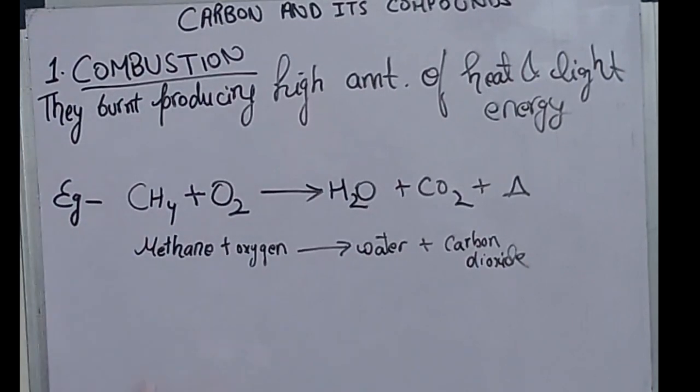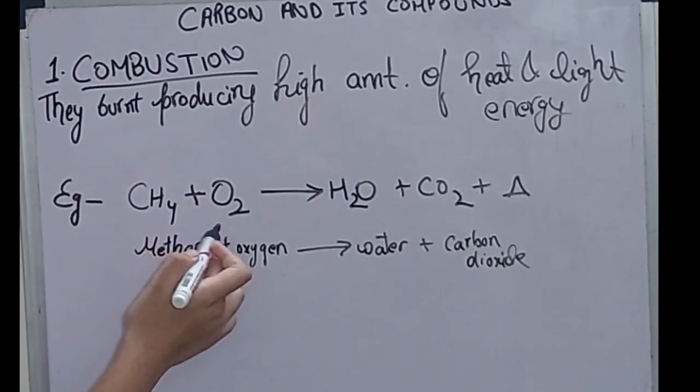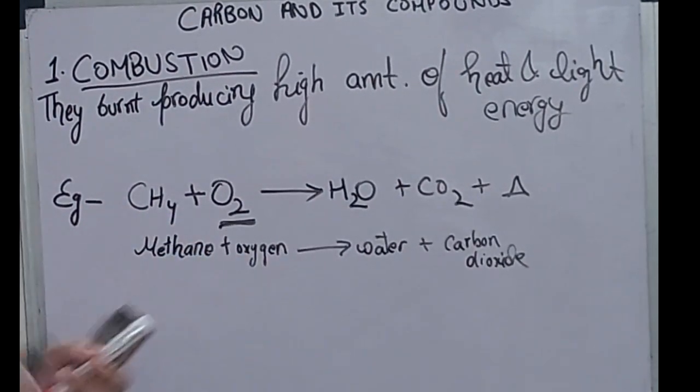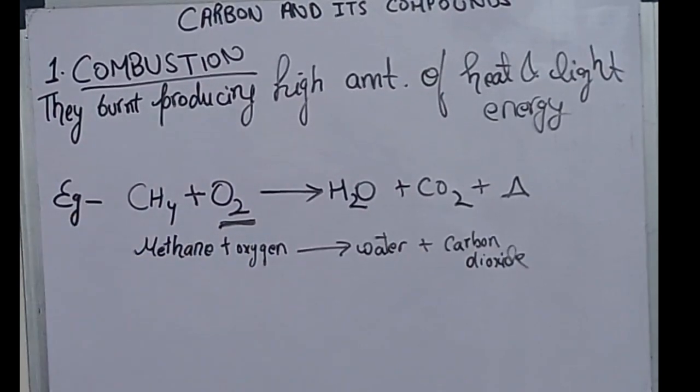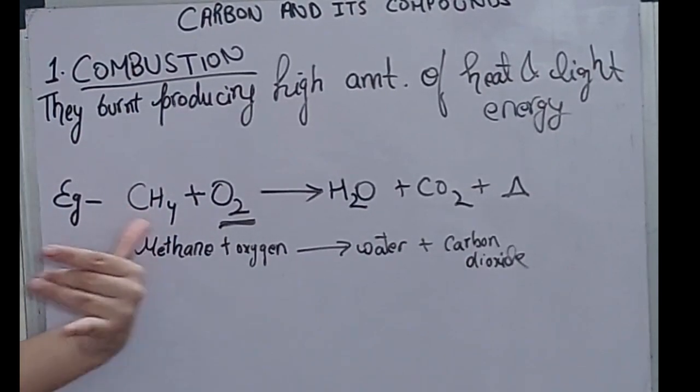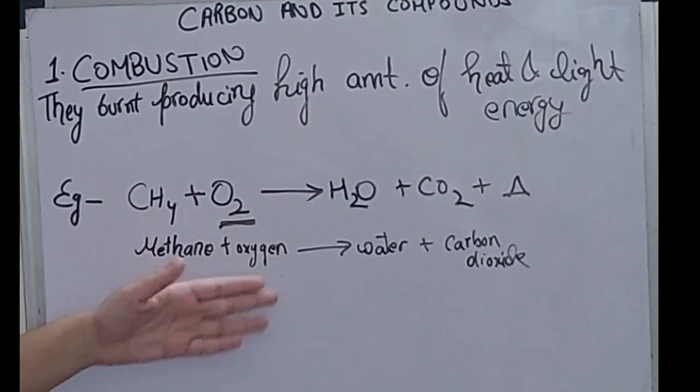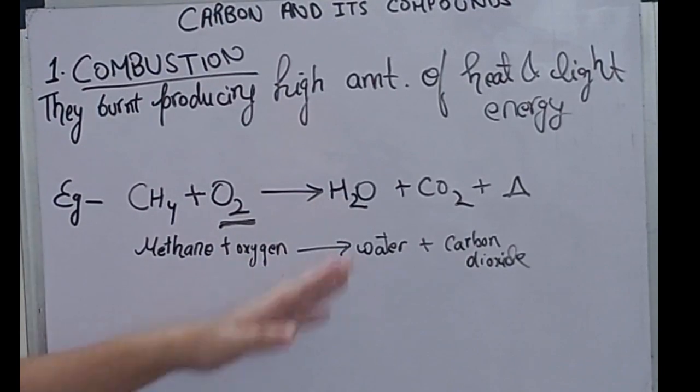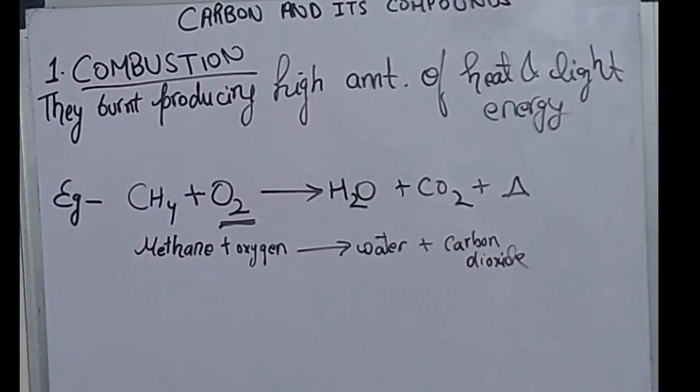So when you burn a carbon compound in air, it obviously means that it is reacting with oxygen. Like in chapter 1, we showed magnesium burning, by reacting it with oxygen. That is what it means. So when CH4 or methane reacts with oxygen, it gives water, carbon dioxide and heat.